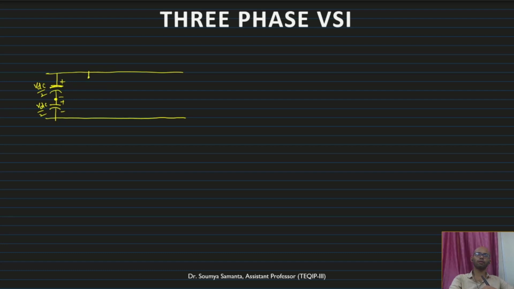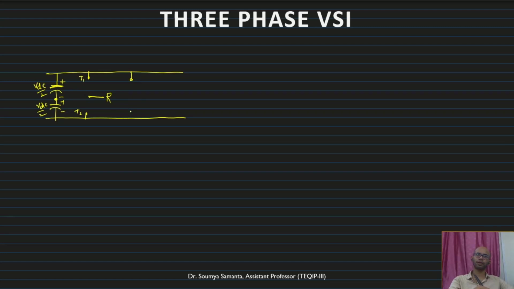Now this will be throw 1 for leg 1, this is throw 2 for leg 1, T1 and T2 for leg 1, that is pole 1. In another way we can write it as the R phase. So the R.